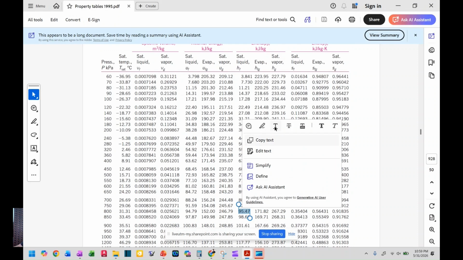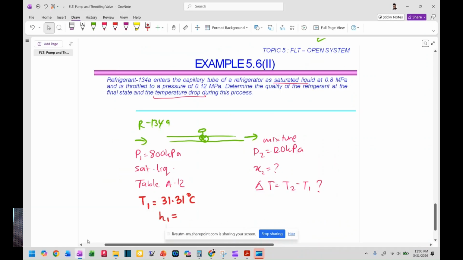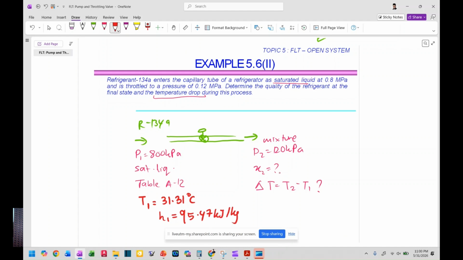For a compressed liquid, H will be approximated by the saturated liquid's value, which is enthalpy sub F, HF. So let's put 95.47 in our worksheet, and then this will be equivalent to H2.